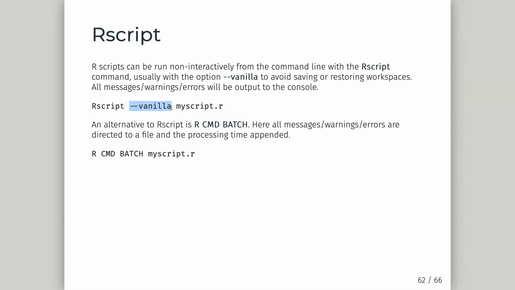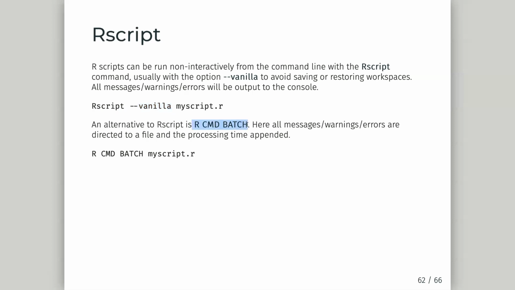This basically tells R to avoid saving or restoring any workspaces that you have in your session. Typically when you run Rscript, maybe you've got a workspace in your current working directory and it tries to load it by default. Just doing --vanilla says, don't tell me about complex stuff, give me a vanilla session, just run whatever was in this current R script. An alternative is actually R CMD BATCH.